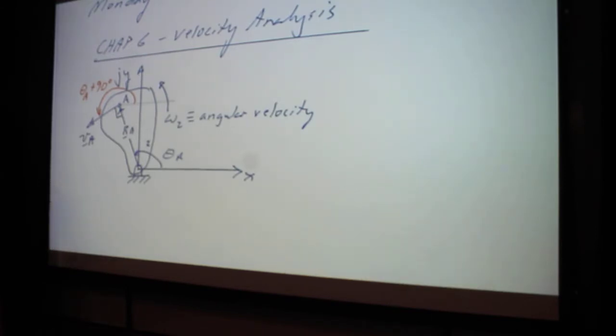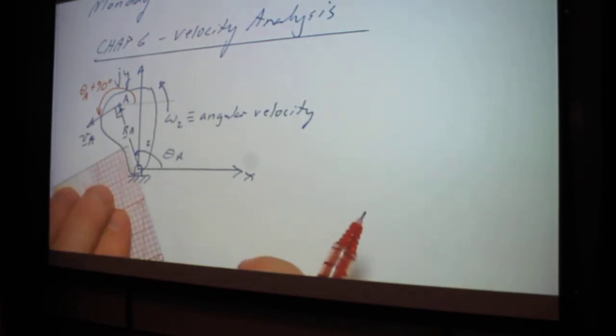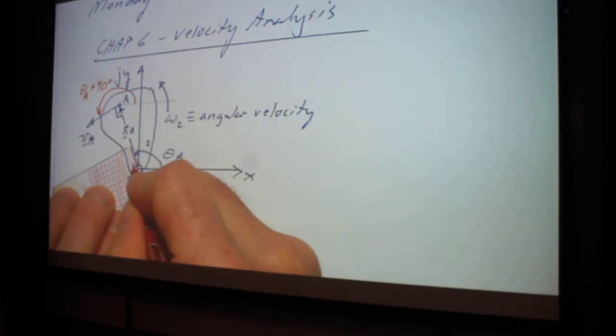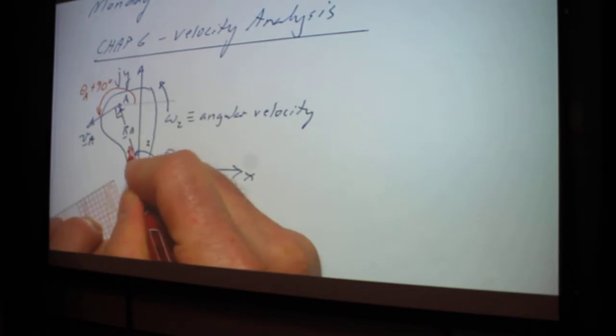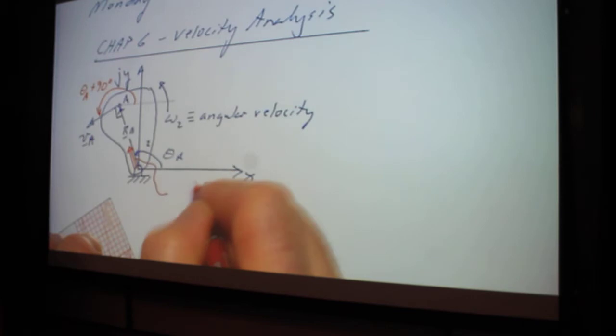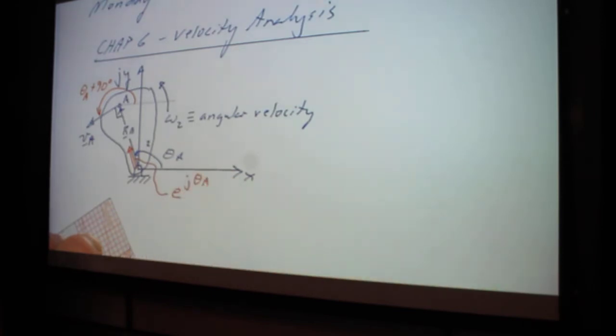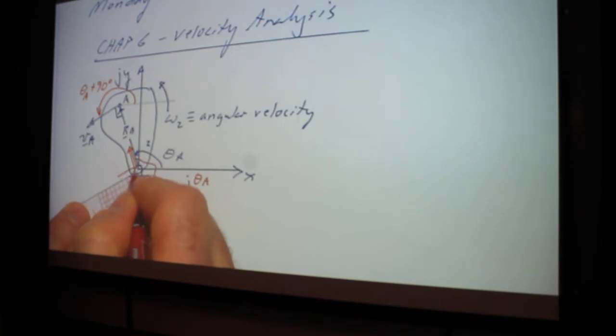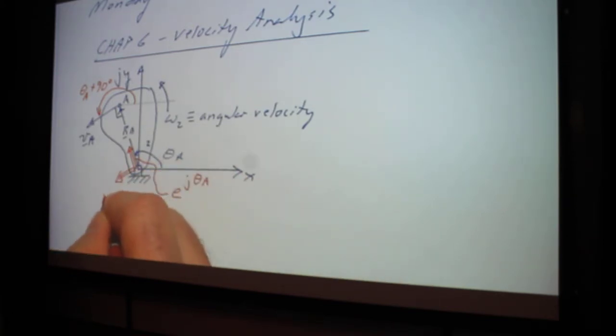And so what I'm going to do is put some unit vectors down here. This unit vector here is e to the j theta A. If I take the unit vector that's perpendicular to it and in the direction of the velocity of A, all I need to do to rotate it is stick a j out in front of it.